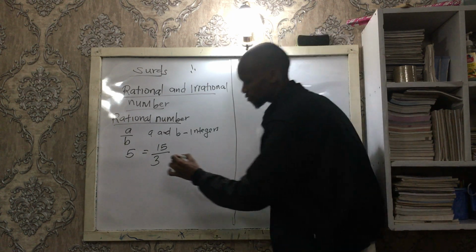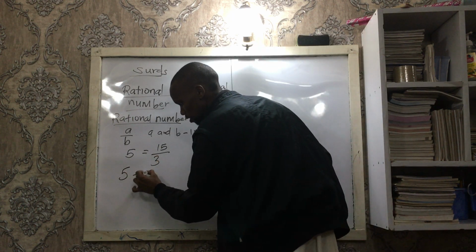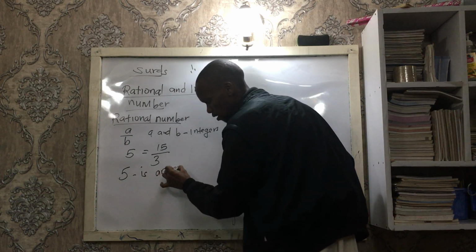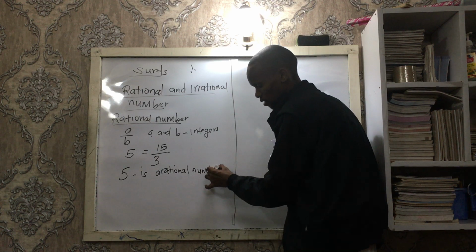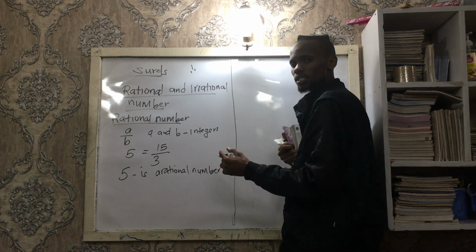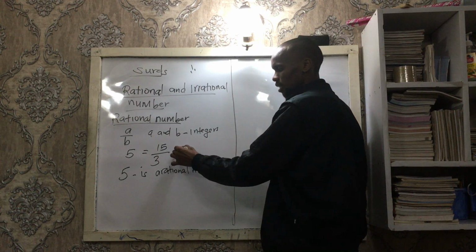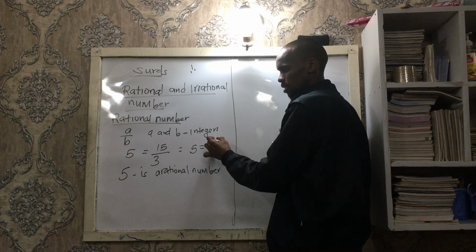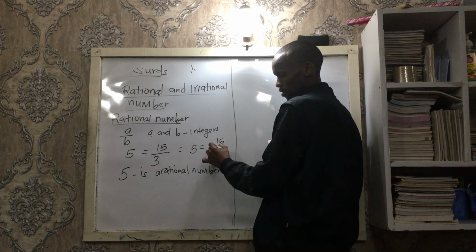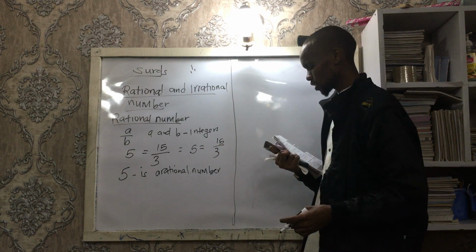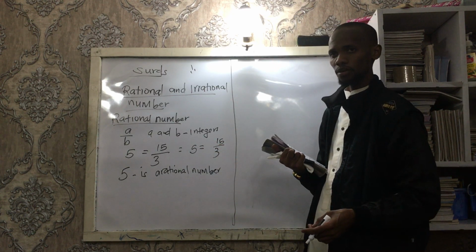So we can say that 5 is a rational number. Why am I calling it a rational number? I can represent it as 5, and I can also represent it as a fraction, that is 15 over 3. So 5 is a rational number. Are you together?